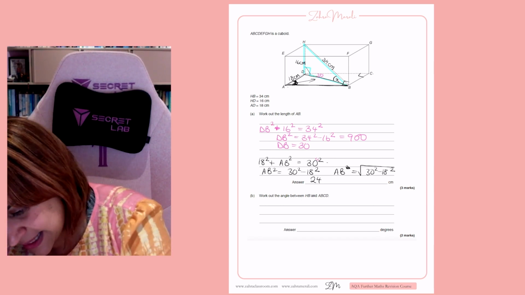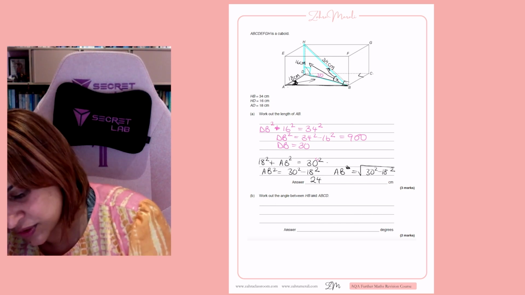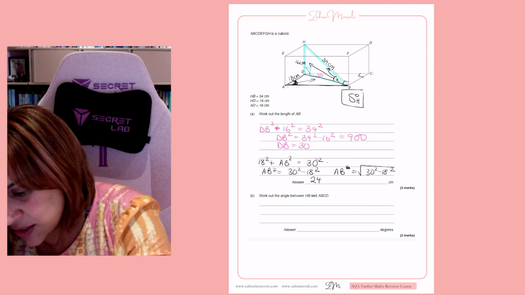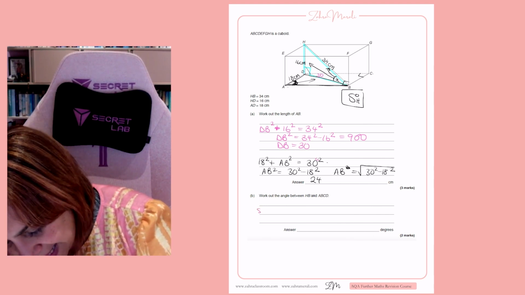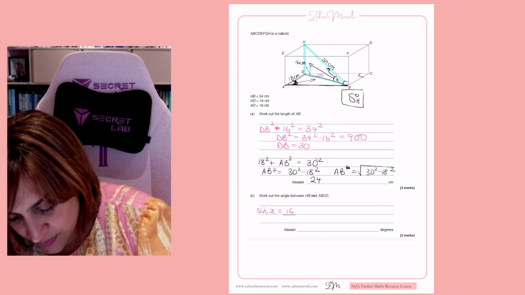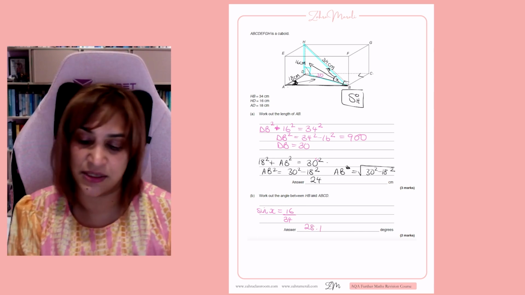In this triangle, I know the opposite and I know the hypotenuse, so I'm going to use sine. Sine x is opposite over hypotenuse. So sine to the minus 1 is going to give you 21.8 degrees.